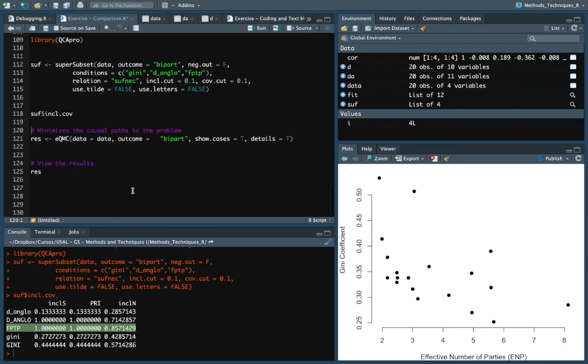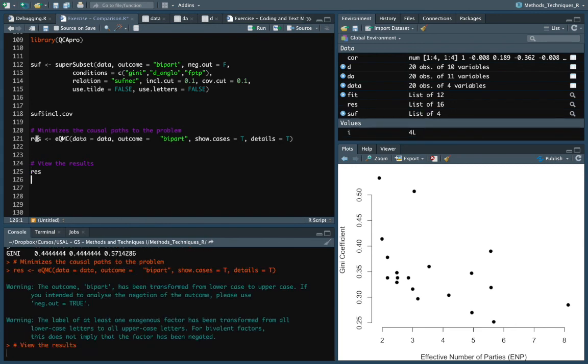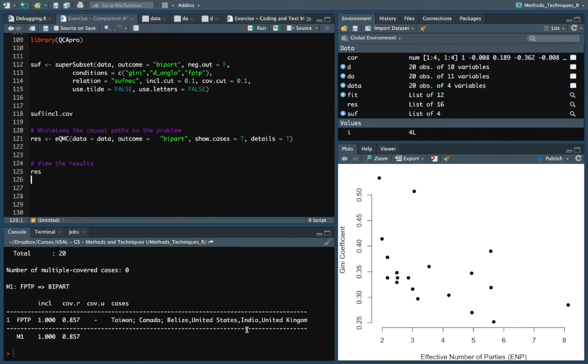We can use another algorithm that minimizes the causal paths, the alternatives that can explain the phenomenon. And we can see here that for all these countries, Taiwan, Canada, Belize, United States, India, and United Kingdom, the best explanation is first past the post because the coverage is 85.7% of bipartisan cases are first past the post.